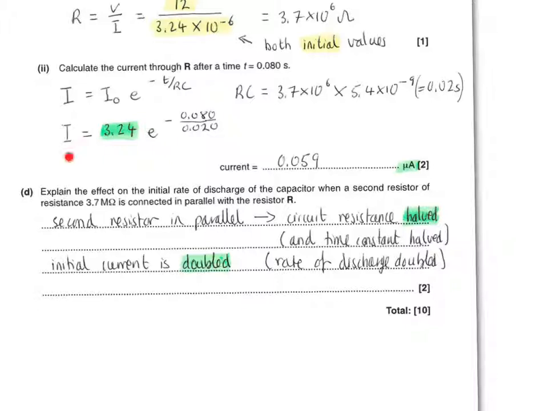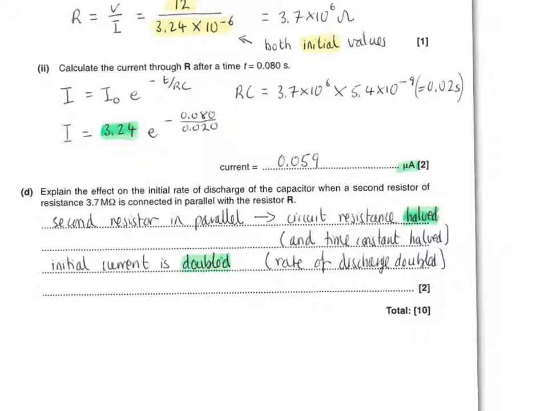So the current at a later time is the current initially multiplied by this expression here, and that gives us 0.059 microamps. So here's a situation where they have put a prefix with the unit, and you just have to be careful what number you write down here.